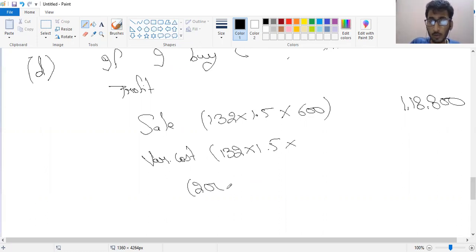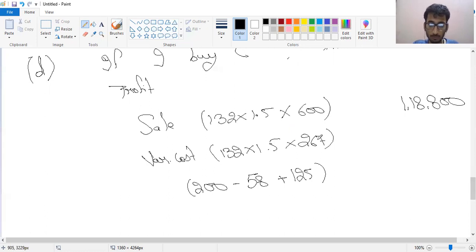Earlier my variable cost was 200, but in this 200, there was 58 rupees, which I was incurring in manufacturing component C. But now I will incur 125 in buying it rather than 58 in manufacturing it. So what would be my variable cost now? It would be 267. So my total variable cost is 52,866.